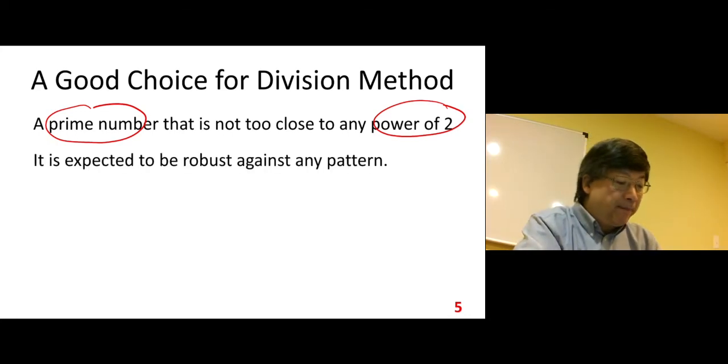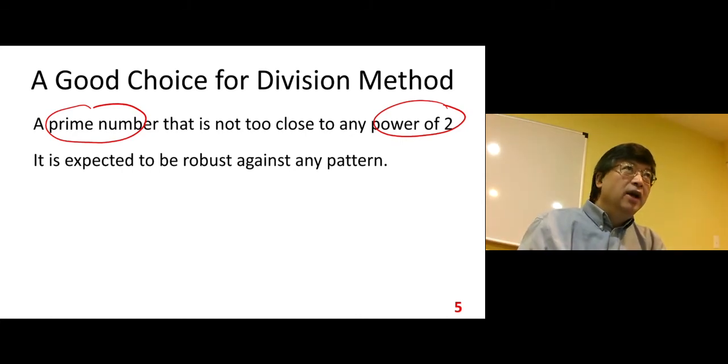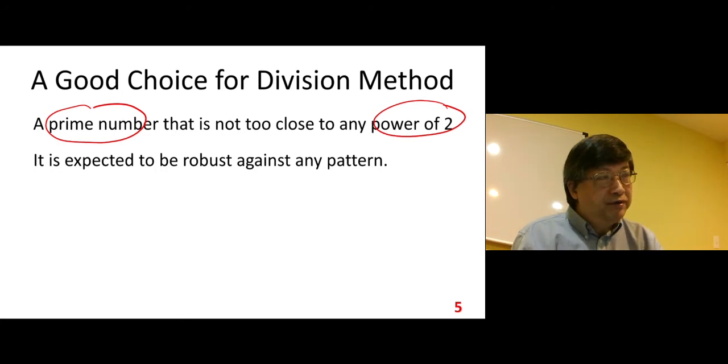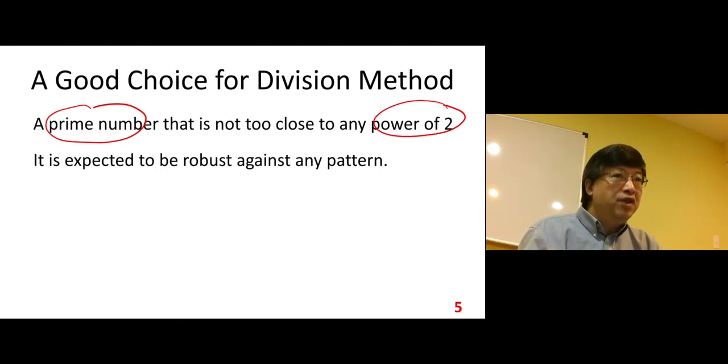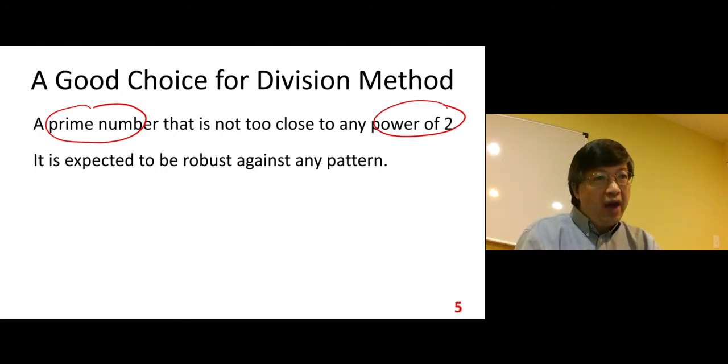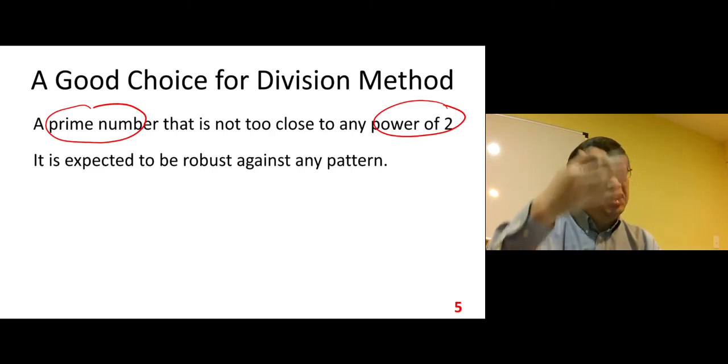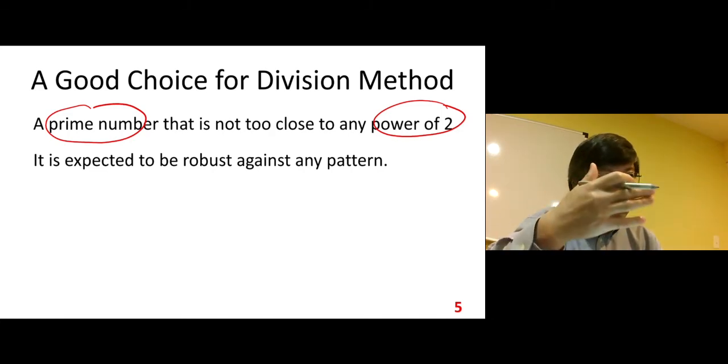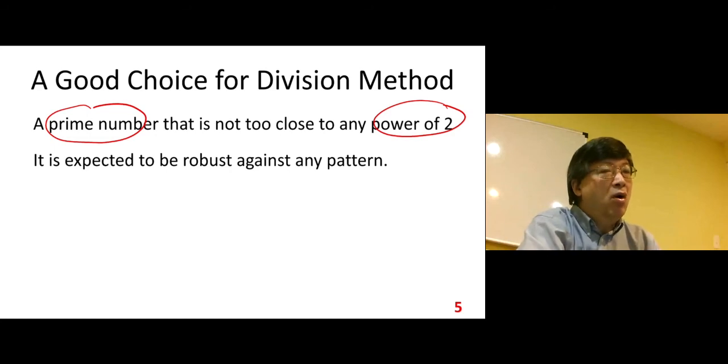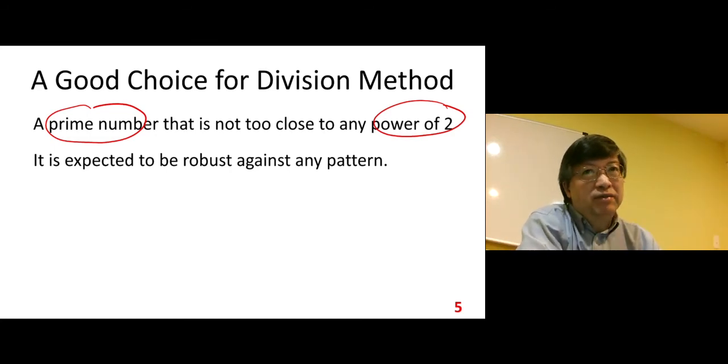If we can choose this kind of m and do the division method, then our hash function will be much more robust, or at least relatively better.